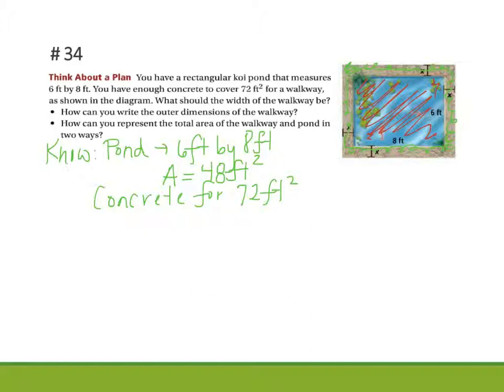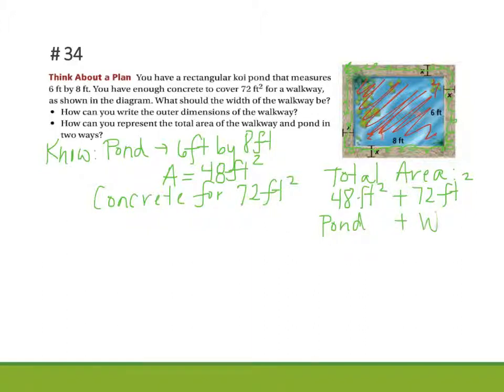So when you look at the entire diagram, we now know the area for the entire pond plus walkway. In order to get the total area, we would take 48 square feet and add that to 72 square feet, because 48 represents the pond and 72 represents the walkway.